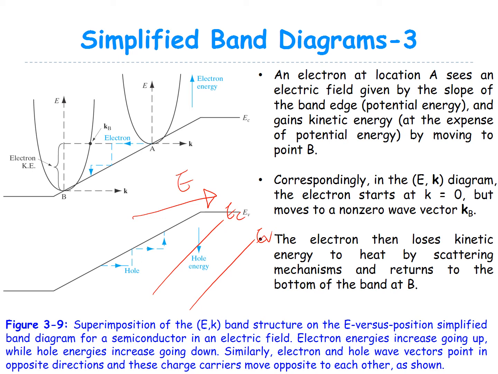So in this case, the electric field will be going from left to right, and electrons always move in the opposite direction, downhill, so to speak. So the electric field increases uphill, while the electron motion is downhill.